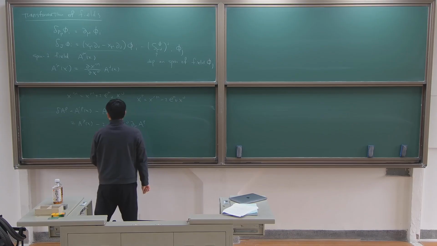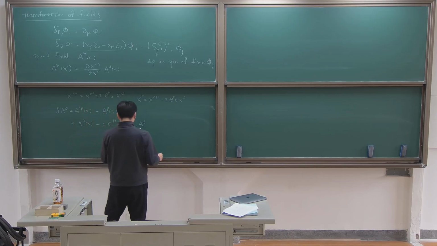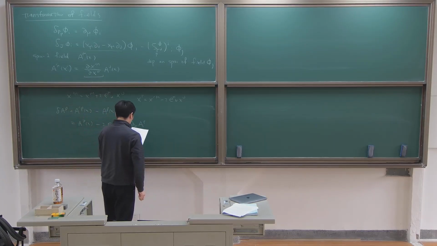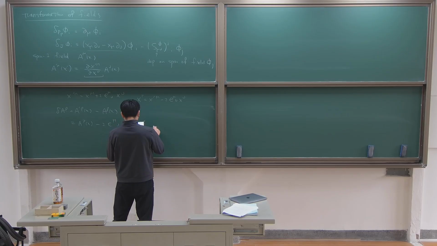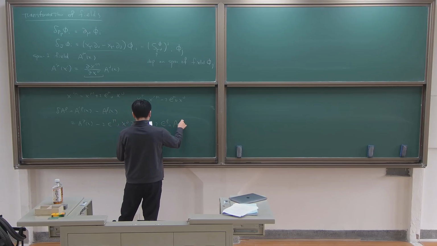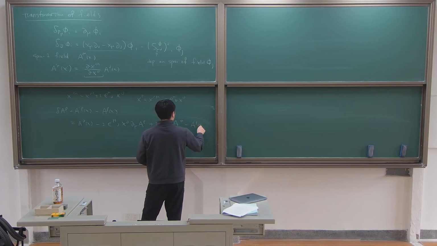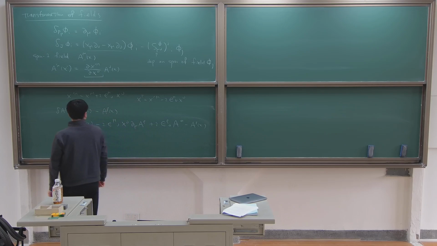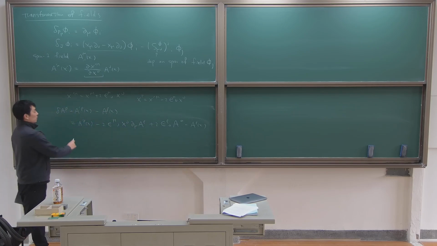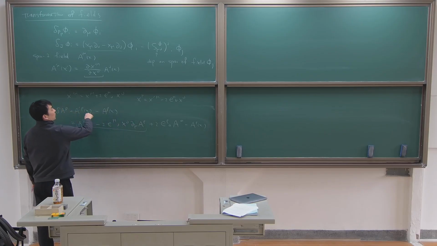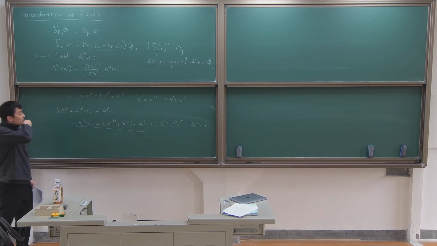This is the first contribution, and then we have an extra one, plus epsilon rho sigma A sigma, and then minus A. The first one is just the Taylor expansion: plug this in here and do the Taylor expansion.